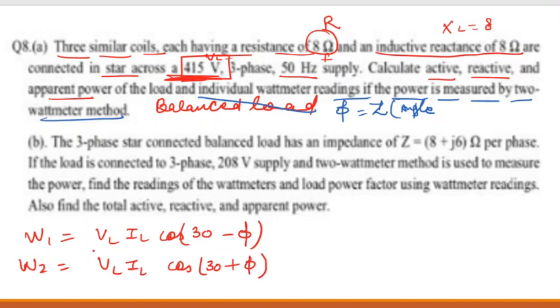You already know the values for VL, IL and phi, so you will get the 2 wattmeter values. They ask for the individual wattmeter readings, meaning they are asking the value for W1 and the value for W2. Got it?